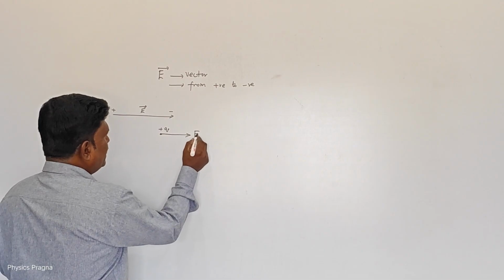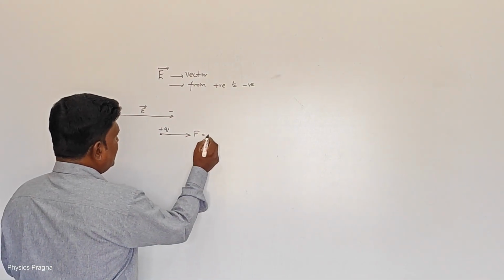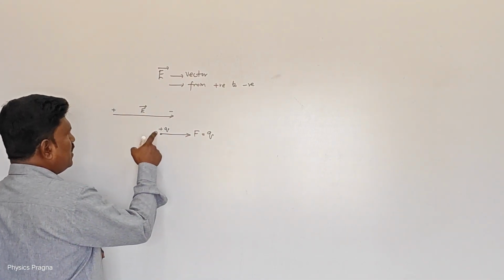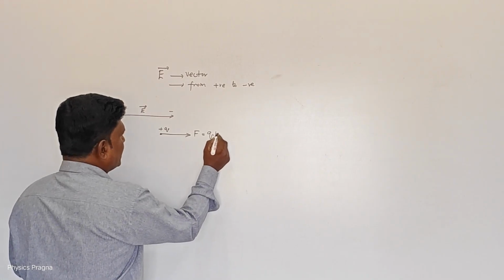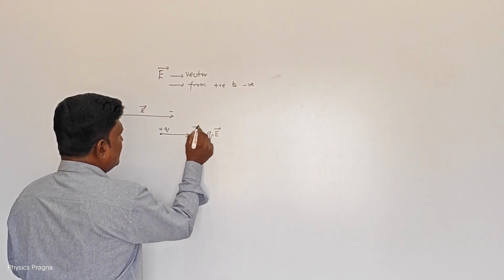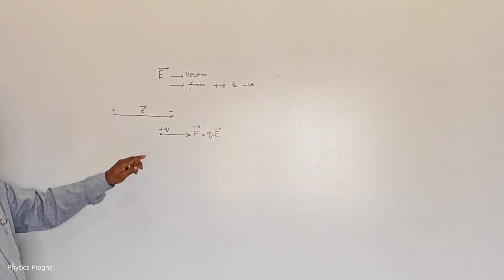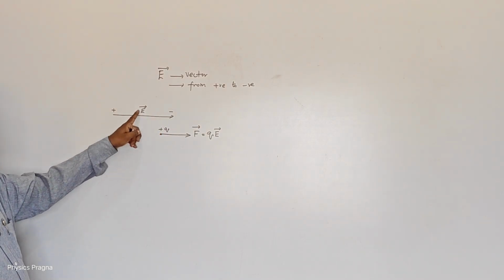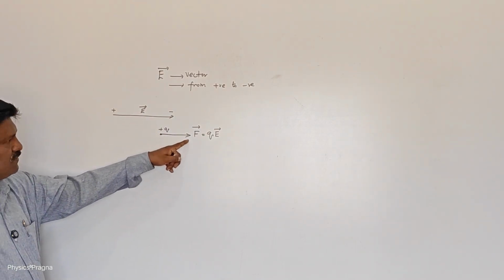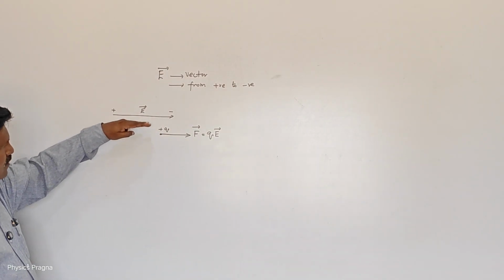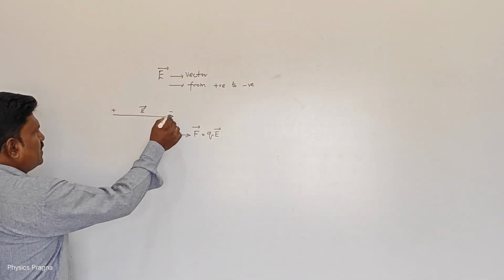The force applied by this electric field is the product of charge and the electric field. This is the force applied on the positive charge by the electric field. The force will be in the direction of electric field itself.